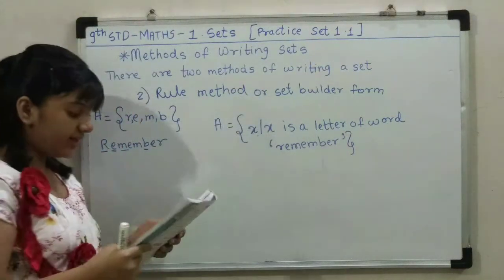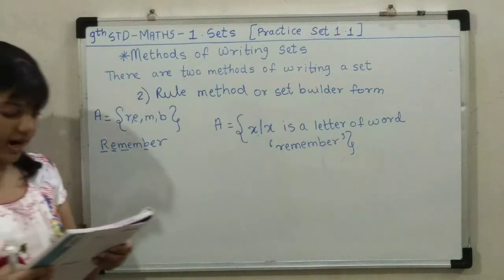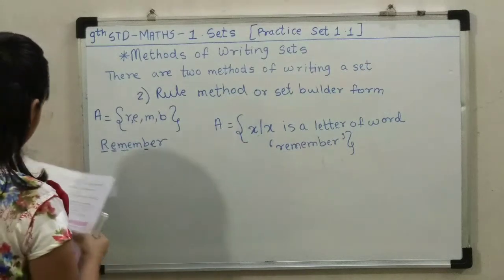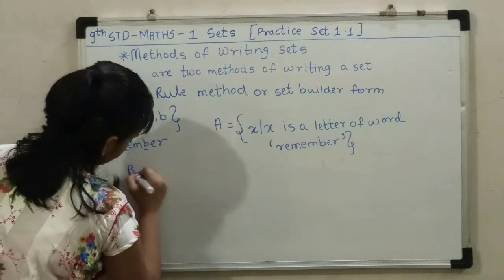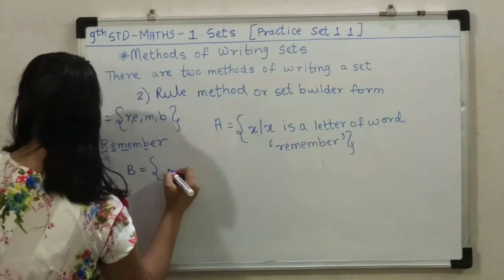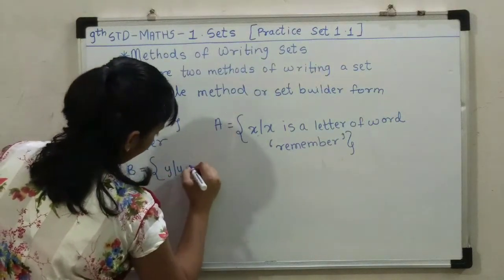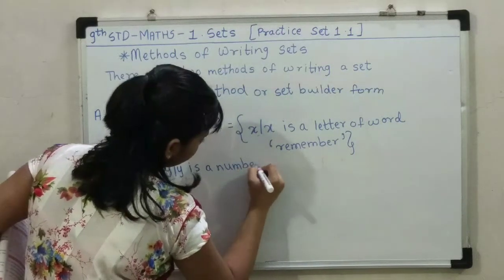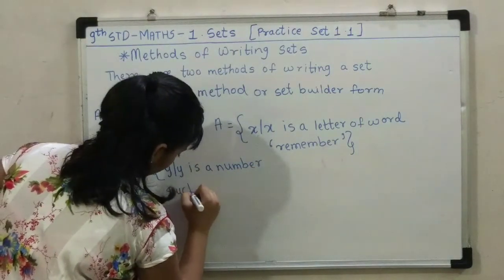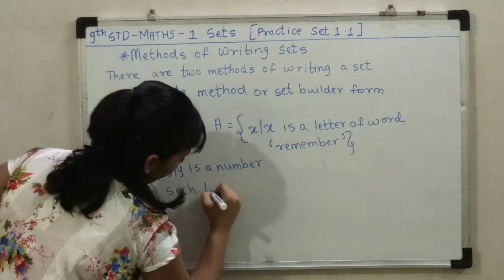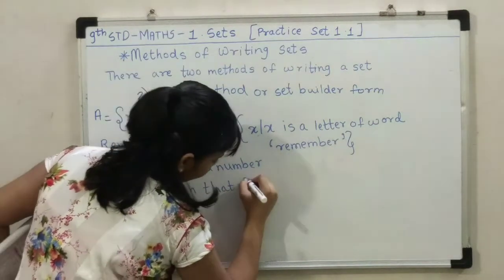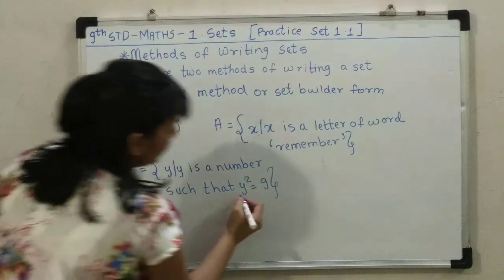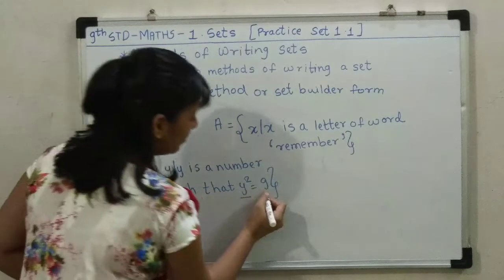Here is the second one: set B is equals to Y such that Y is a number such that Y square is equals to 9. Here Y square means any number whose square is equals to 9.